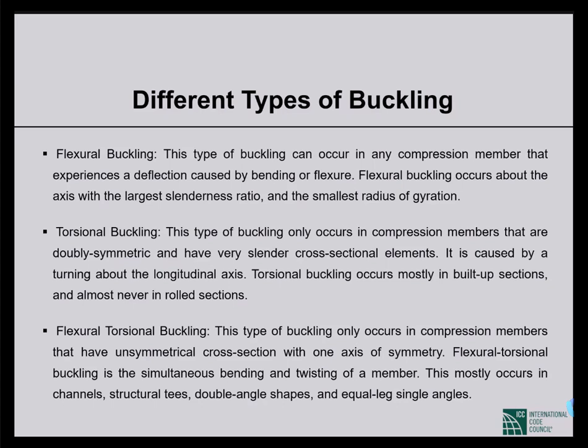So flexural buckling is the usual type of buckling that we define as buckling, and in flexural torsional buckling a member doesn't only buckle, at the same time it twists. Torsional buckling is due to the torsion that causes buckling. We'll see that. And flexural torsional is it doesn't only bend, at the same time it twists. That is flexural torsional buckling.